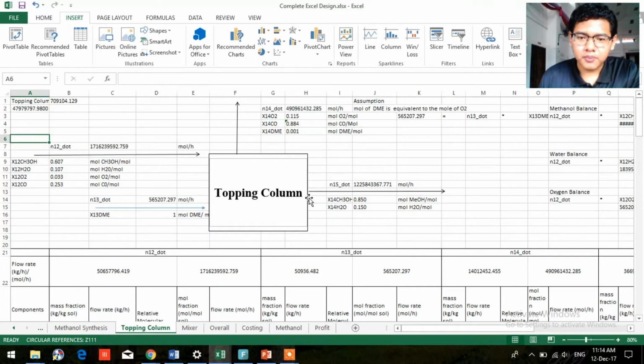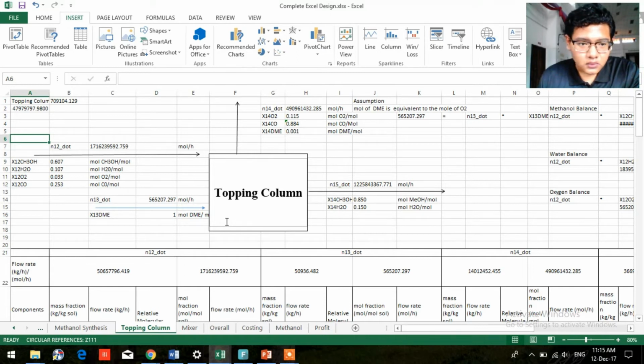Then there are two products, the gas and the liquid. The gas flow rate is approximately 49,000 million mole per hour, and the liquid product is approximately 12,000 million mole per hour.